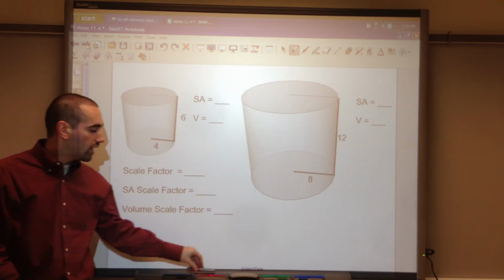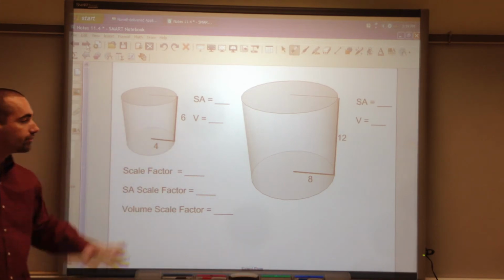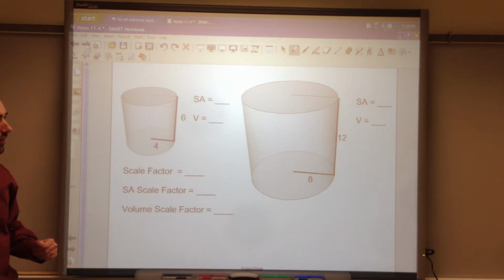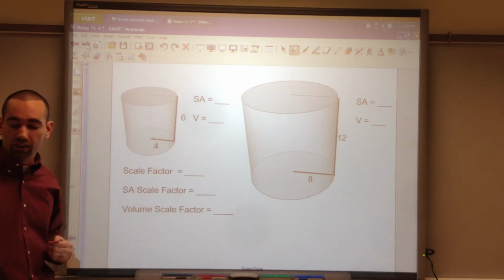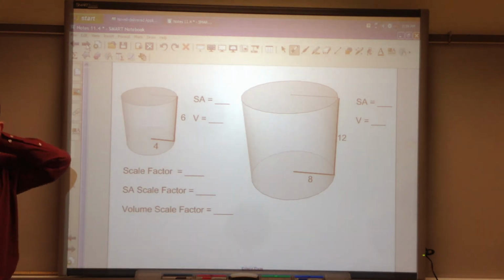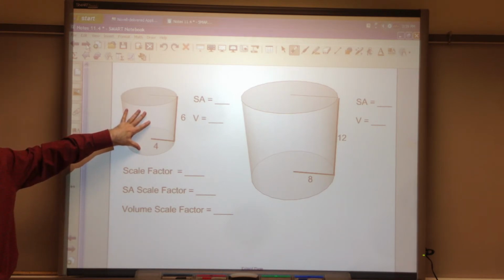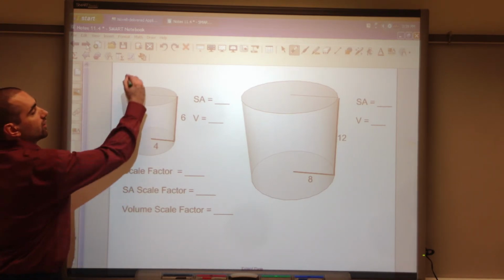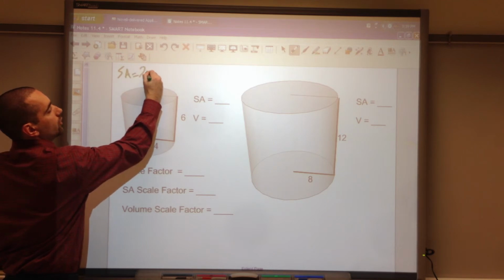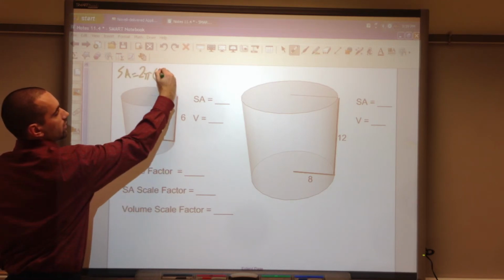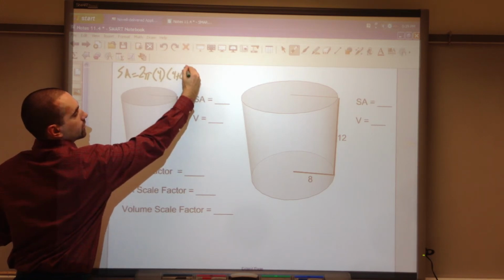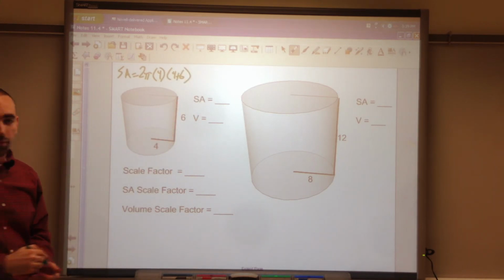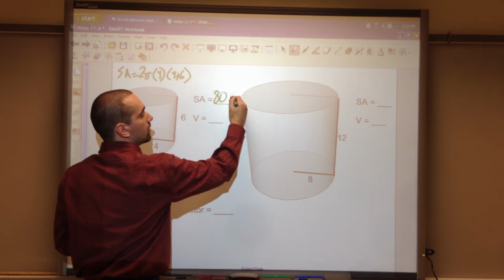So let's look at another example. And this time, I'm going to do it a little bit easier. I'm not actually going to do the surface area and volume of this shape. I'm going to do everything using scale factors. The volume and surface area of this shape, surface area, 2 pi r, r plus h. So the surface area ends up being 80 pi.